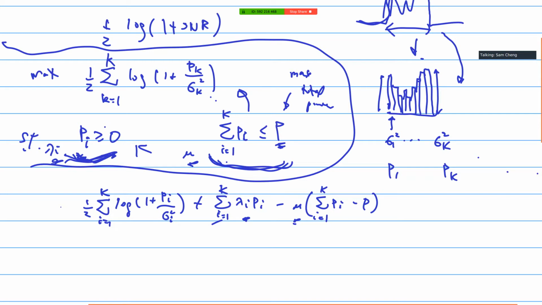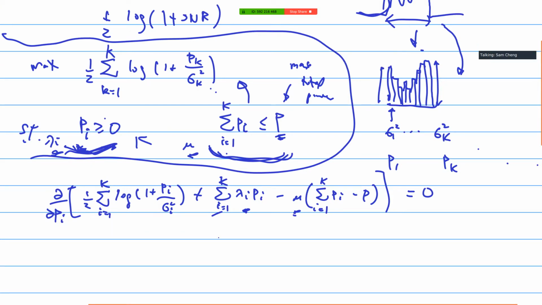The KKT conditions will be: I want to take the partial derivative of this over the original variables and set it to 0. Basically, the gradient over p should be equal to 0 for this, and also the Lagrange multipliers mu, lambda 1 up to lambda K all have to be bigger than or equal to 0.